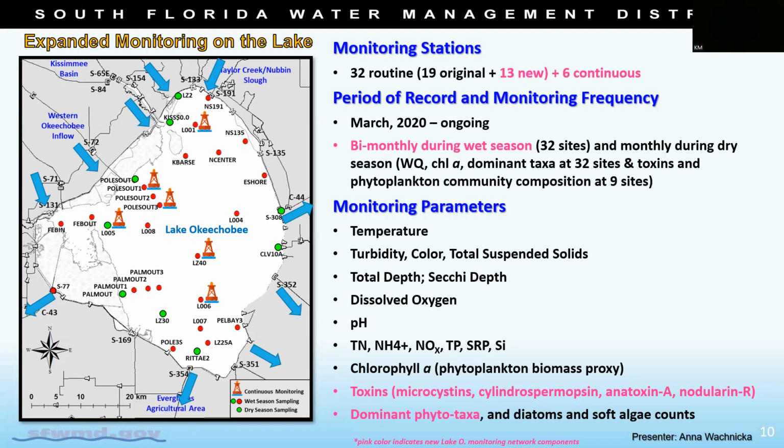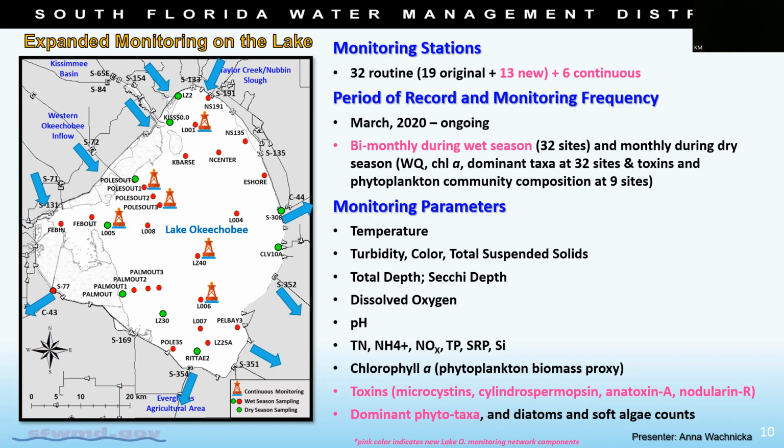The analyses that we perform right now look at the concentration of microcystins, cylindrospermopsin, anatoxin-a, and nodularin-R. But the toxins we most often record on the lake are microcystins. There are multiple congeners that we are looking at, not just one, and we also estimate concentrations of total microcystins.